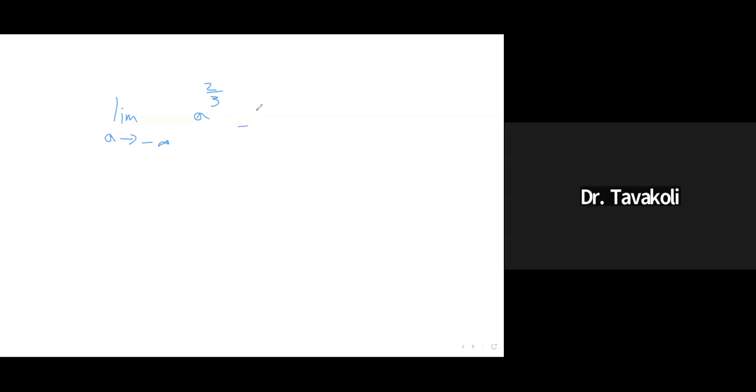One way is I can think of a to the power of 2/3 as a squared raised to the power of 1/3. When a tends to minus infinity, a squared is plus infinity, and plus infinity raised to a positive power, to the power of 1/3, is still infinity. So infinity raised to a positive power is still infinity.